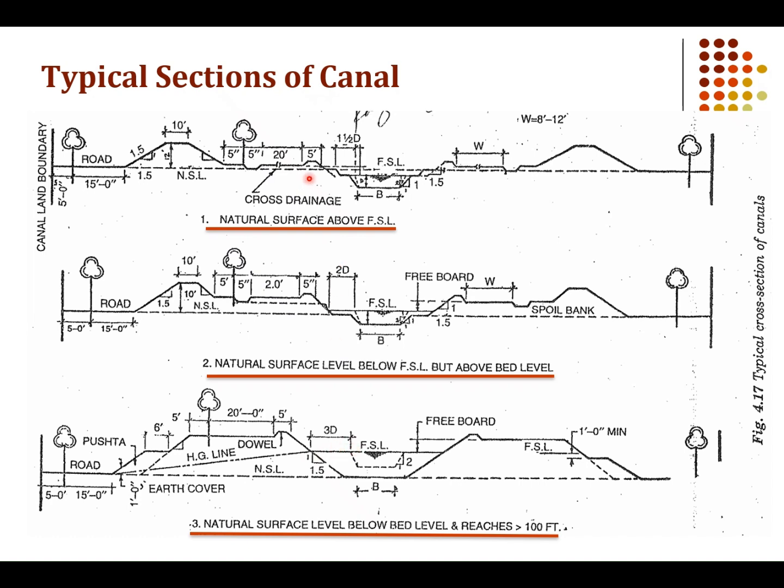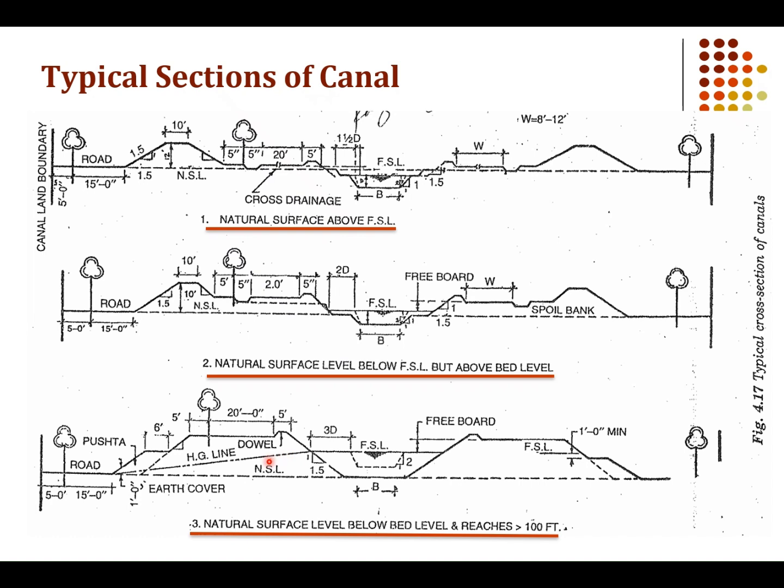And you create the banks here on this side and on this side. There is a road here. Sometimes we have a road on the banks as well. We also have plantation. All this creates stability and keeps things far away from the water. Sometimes in this situation, for example, you have this bank, and this is the full supply level.